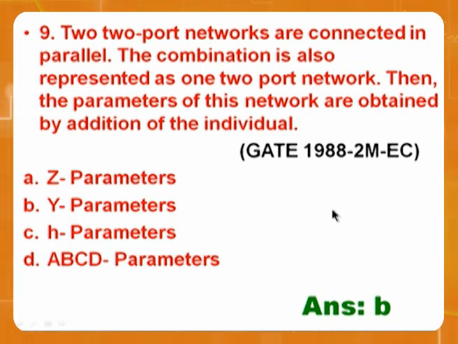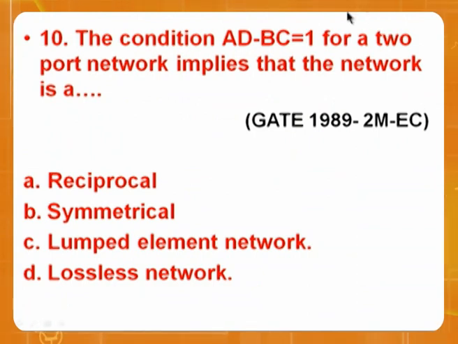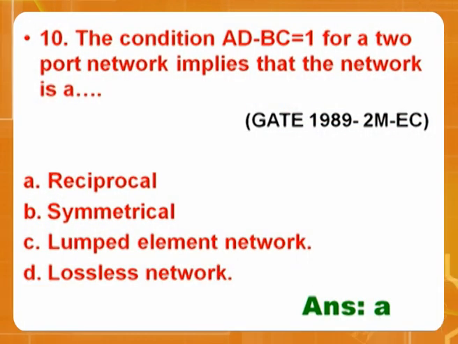Follow that. The condition AD minus BC is 1 for a two-port implies that the network is what? Reciprocal, symmetric, lumped element, lossless. First of all, forget about C and D. Then you are only left with this, and if we already derived it, comparing with the available table, it is reciprocal.